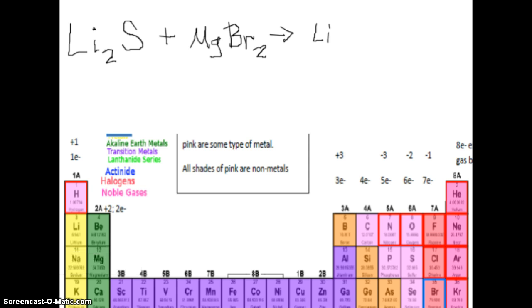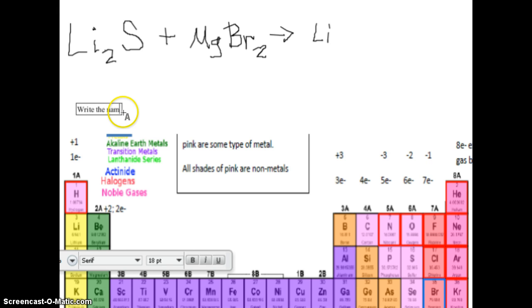So, do you remember what I said the rules are for naming? You write the name of the first element, and then write the name of the second element, but what do you change? Change the ending to end with I-D-E.